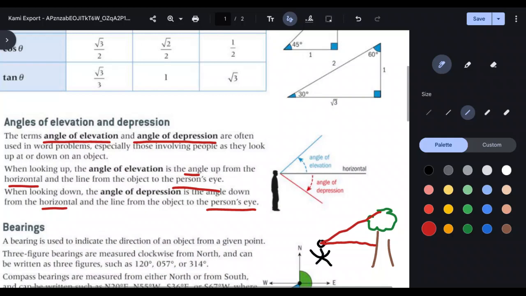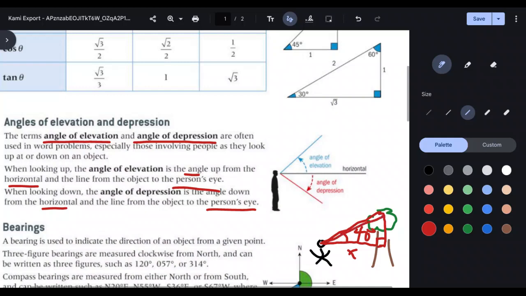Let's say the angle of elevation is 40 degrees, and we'll say the tree is straight, so it makes a 90-degree angle with the distance between the person's eye and the tree. So we know we can use SOHCAHTOA, because those can only be used with right triangles. Let's say it wants you to find the distance between the person's eye and the top of the tree. So we would want to find this length right here.